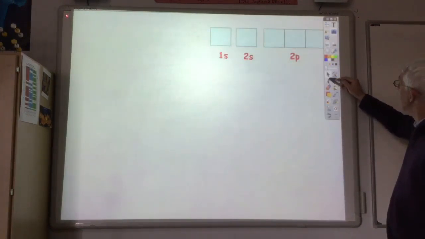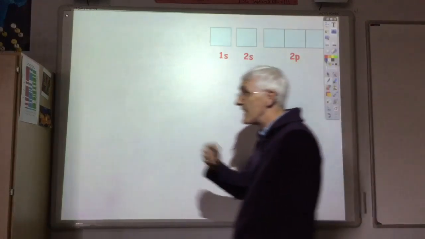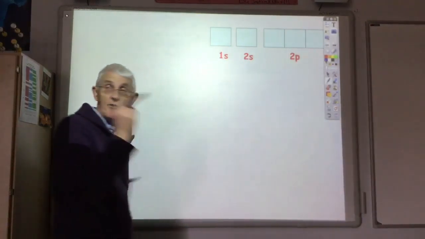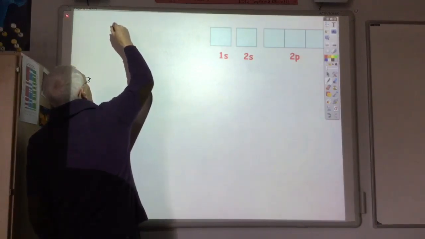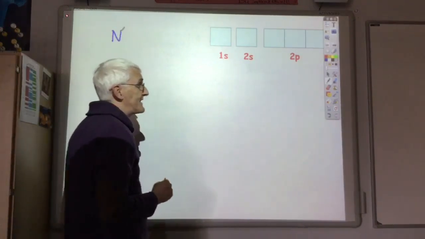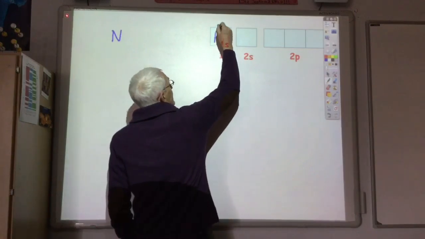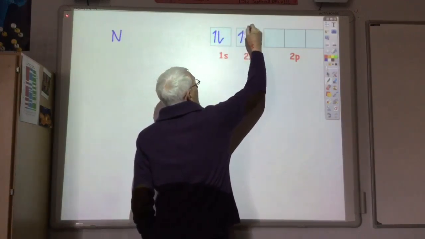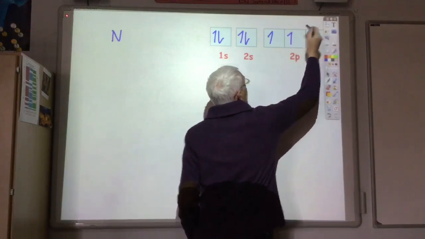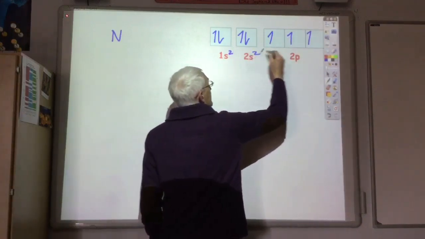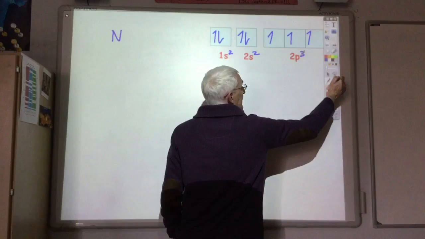So if we look at the next few elements, so we've come up to carbon, so next one's nitrogen with 7 electrons. So it would be like that. So 1s2, 2s2, 2p3.